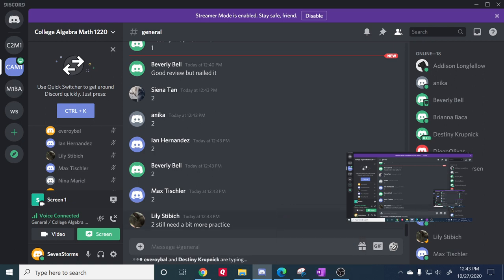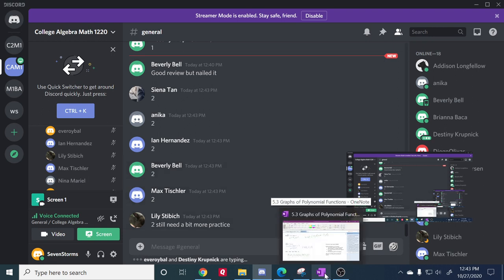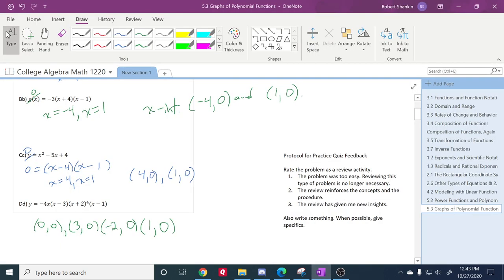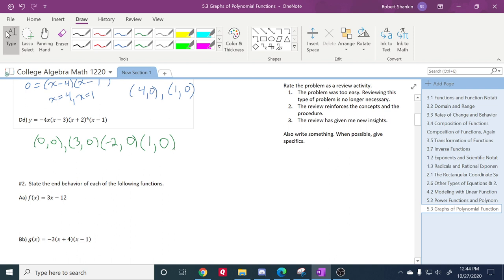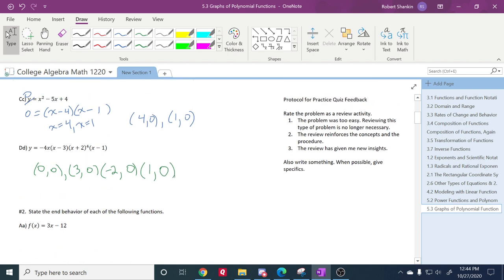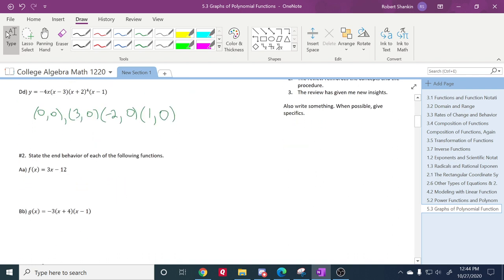Okay, that's a helpful comment. Still need more practice. Okay. And, all right, let's go to number 2. State the end behavior of each of the following. Let me have you do A and B.